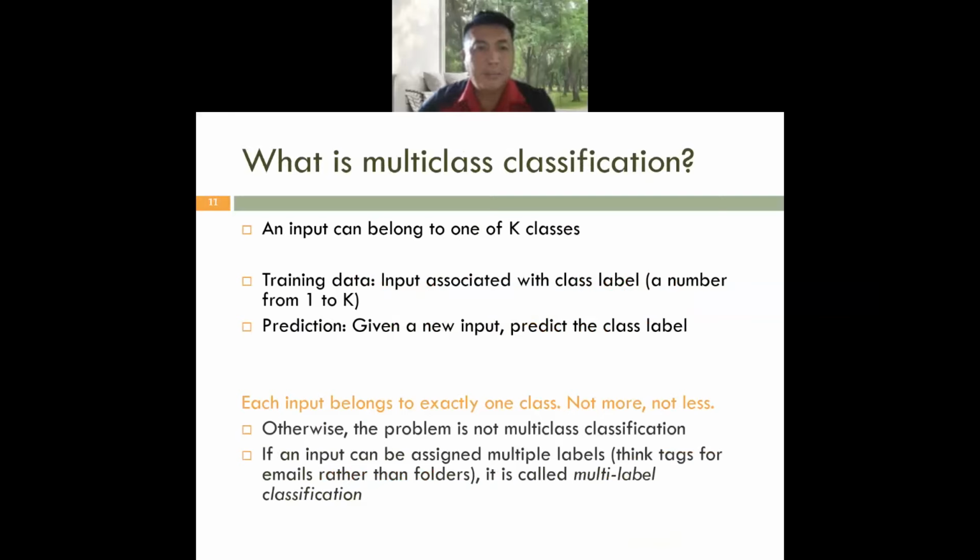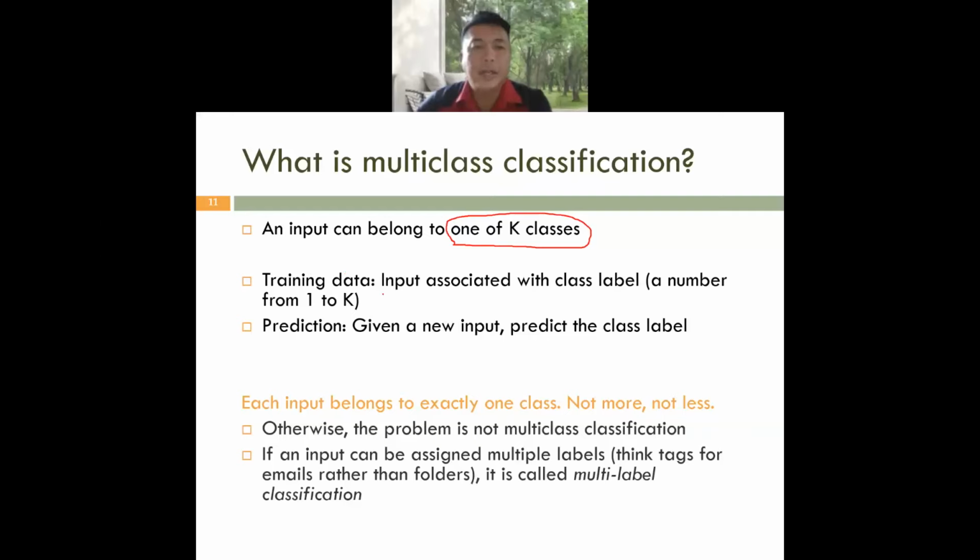So basically, what is multi-class classification? The input can belong to one of the K classes. Given one input, we can classify it as one of the K classes that are already predefined.